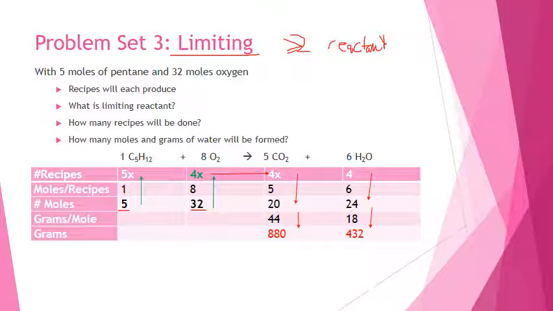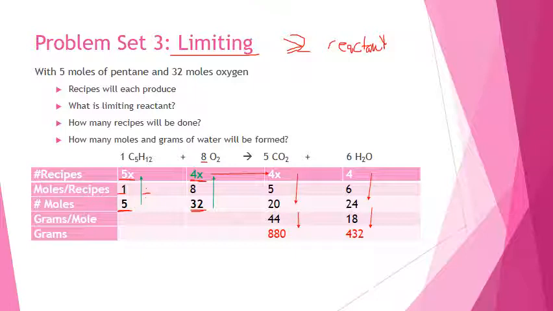So what you do is find out how many recipes each one will do. I'm going to take 5 and divide it by 1 to get 5 times. Each time I do the recipe, I only need 1. I have 5, so you can see I can do the reaction 5 times. Now, with the oxygen, I'm given 32 moles. Every time I do it, I need 8. So if I have 32 moles, I divide that by 8. I can do the reaction 4 times.